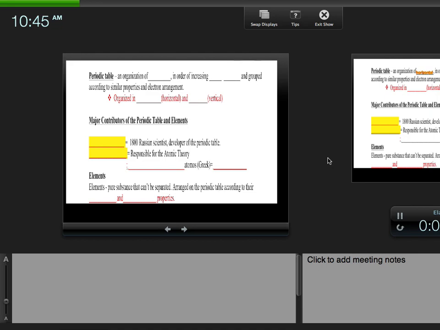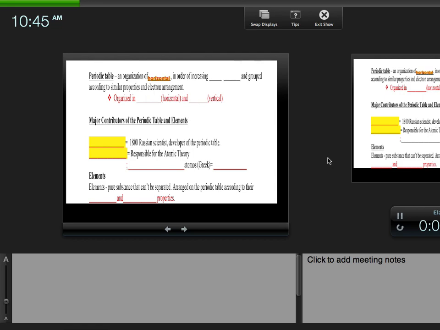The periodic table is an organization of what? Raise your hand. Rosalind. It's an organization of elements. I don't know why the word horizontal is there, but it should say elements. Make sure you write elements, not horizontal. So it's an organization of elements, and it is increasing by a specific number.